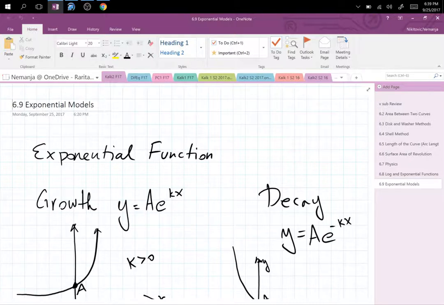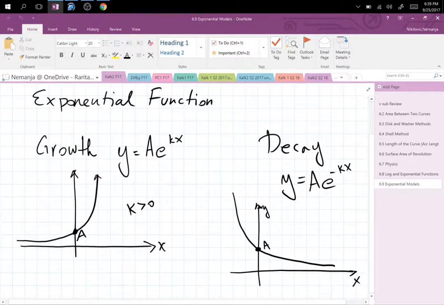So the heart of the exponential modeling is obviously the exponential function, and I already have that the exponential function can be looked at as growth when k is positive, kx is positive, and then when you have negative kx, you have exponential decay.